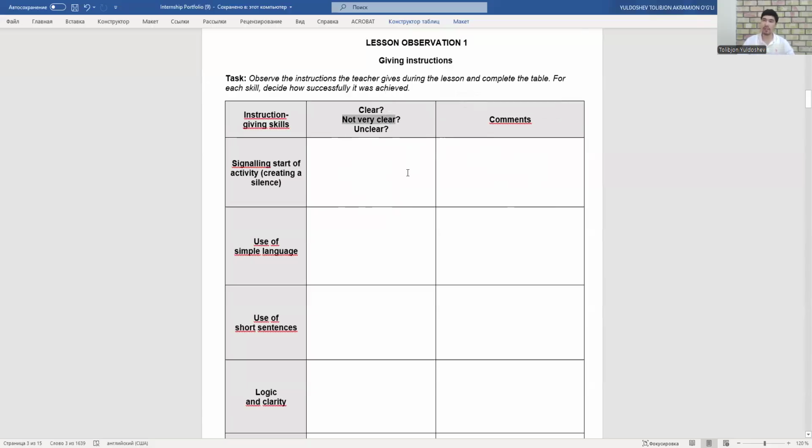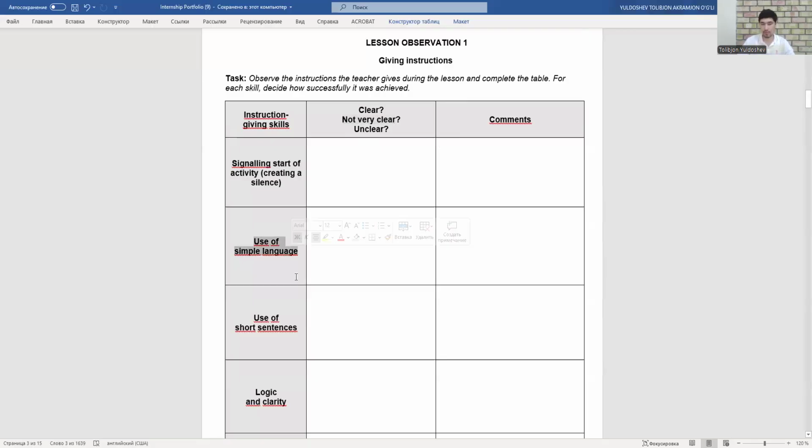This one is not very clear because maybe there are 5 exercises in the book and you didn't understand which she meant. You say "not very clear" and you write. Or maybe you didn't observe a clear way of giving instructions like that.